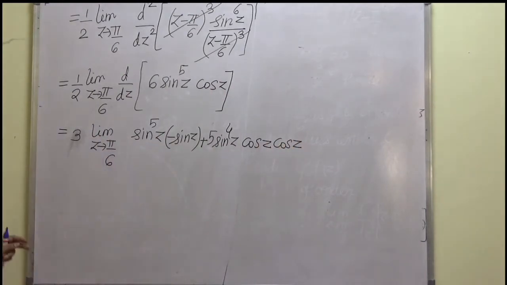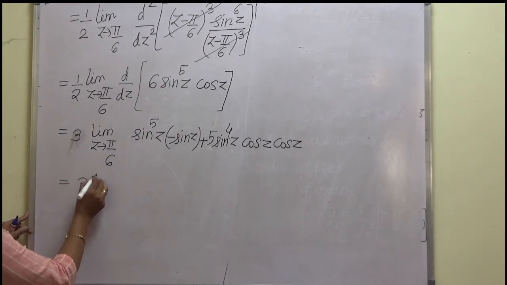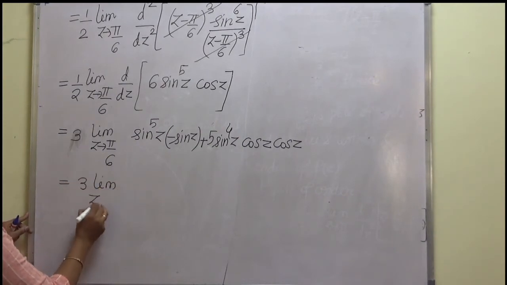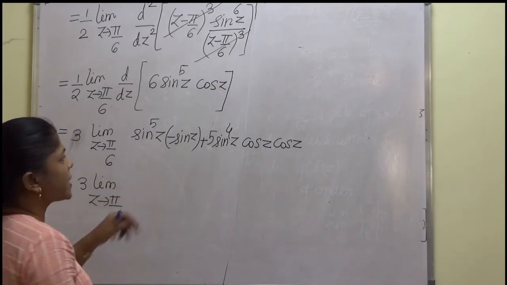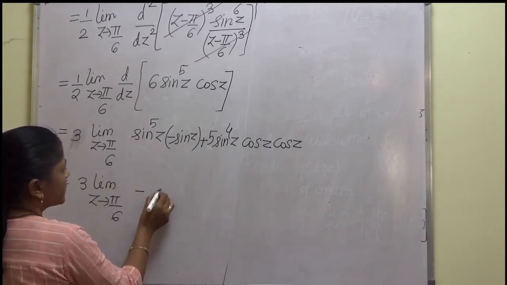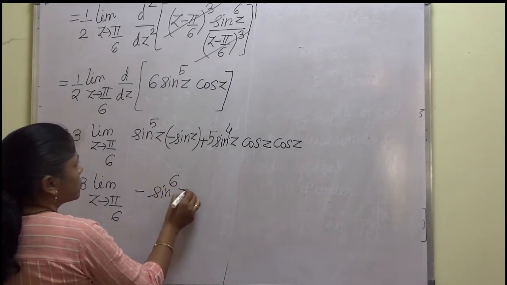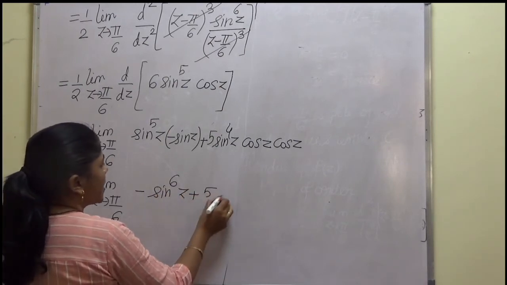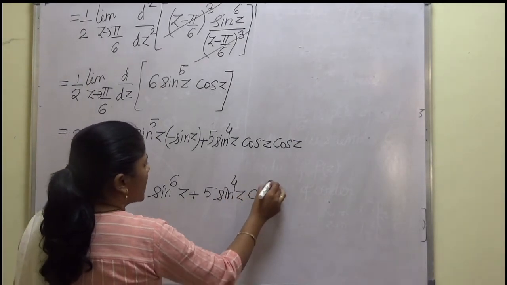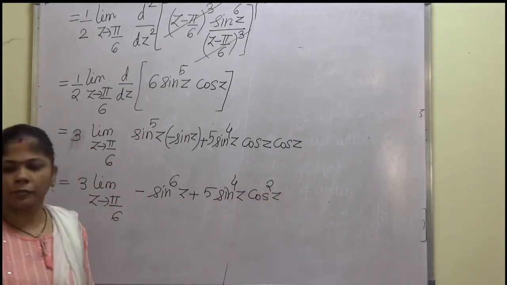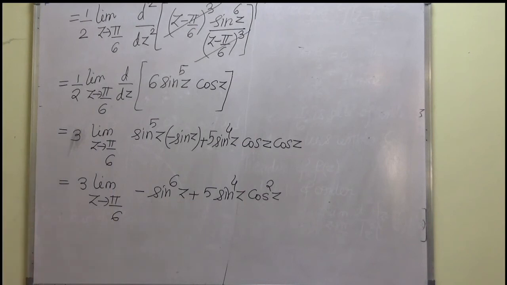So this is equal to 3 limit z tends to pi by 6. Simplify: minus sin to the power 6z plus 5 times sin to the power 4z into cos square z.